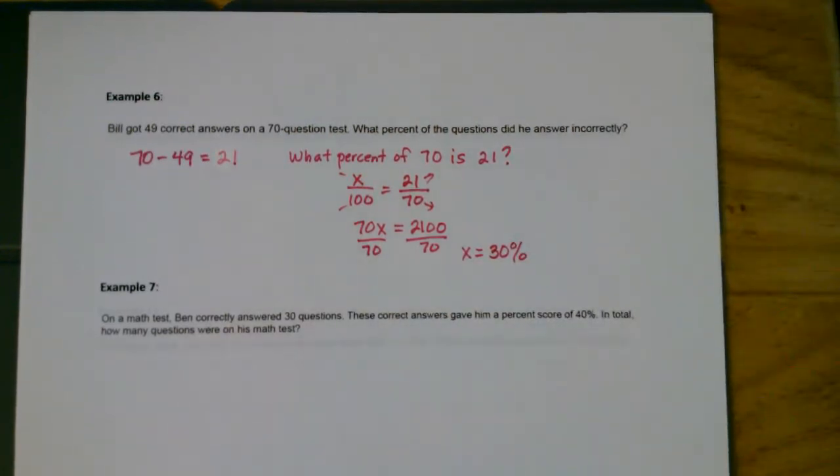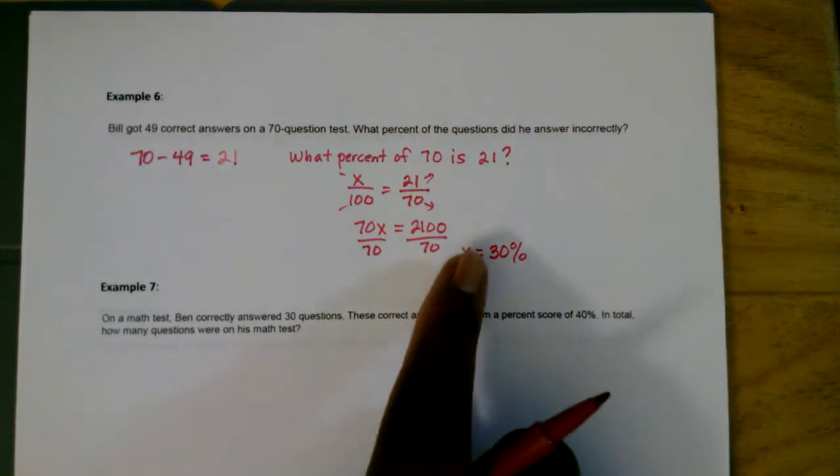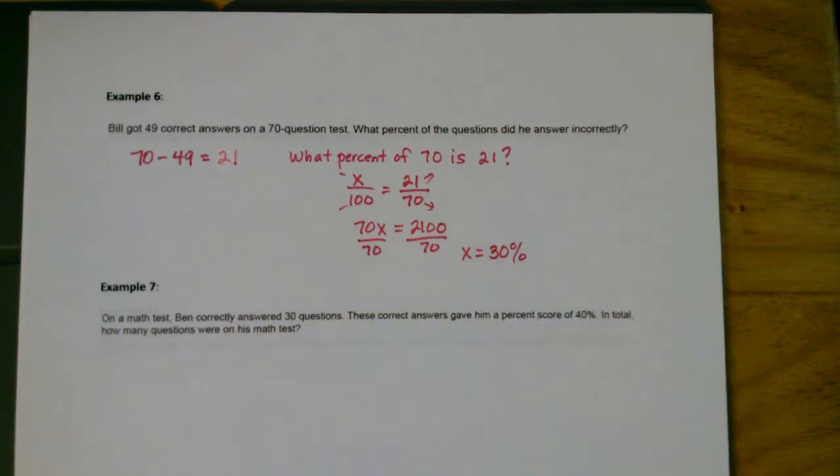And it'll be 30%. And if you notice, if you do it this way, by setting it up as a proportion, if you're finding what percent, you don't need to move the decimal point 2 places to the right.